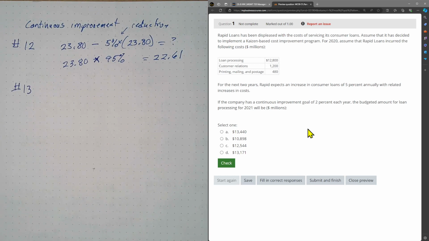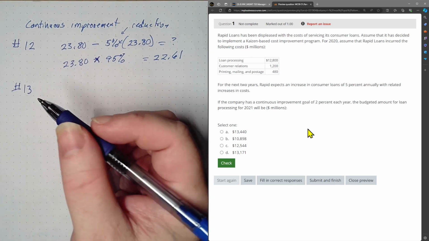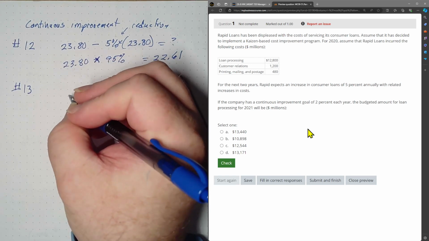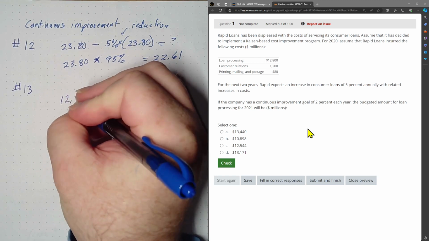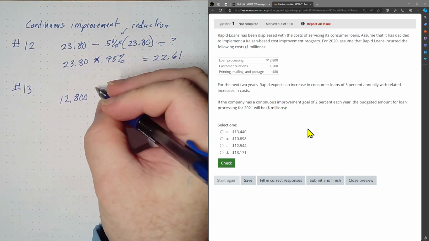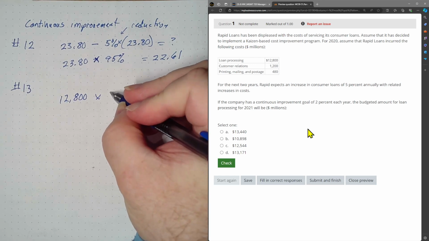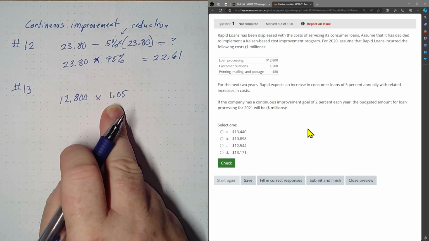So here we have to do this in kind of 2 stages. If a company has continuous improvement goal of 2% each year, what you want to say, well, what would the new cost goal have been? Or what would the new cost have been in the next year? So they started off at 12,800. And if they went up by 5%, well, you can multiply it by 1.05. 5% is just the increase.